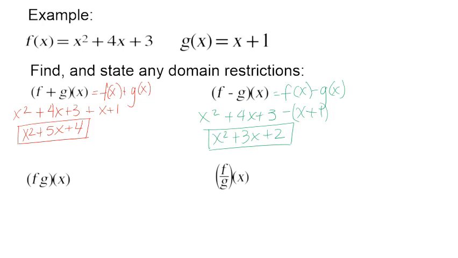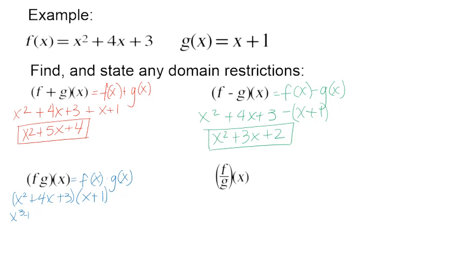All right, next looking at f times g of x. So f of x times g of x. I'm looking at x squared plus 4x plus 3 times x plus 1. And we practiced this in chapter A. You're going to multiply every term in the first polynomial to each term in the second polynomial. So I do x squared times x gives me x cubed.